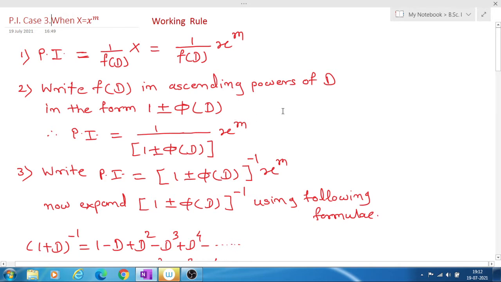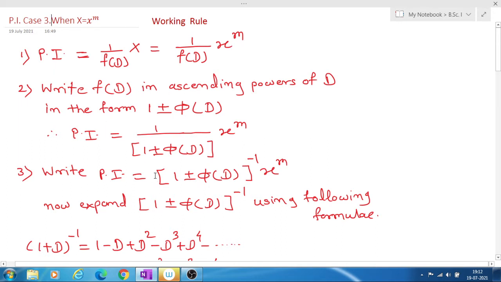We have seen the short method for finding PI when X is equal to e raised to ax, and also when X is equal to sin ax or cos ax. So now in this lecture we see X is equal to x raised to m, that means capital X is a power of x.